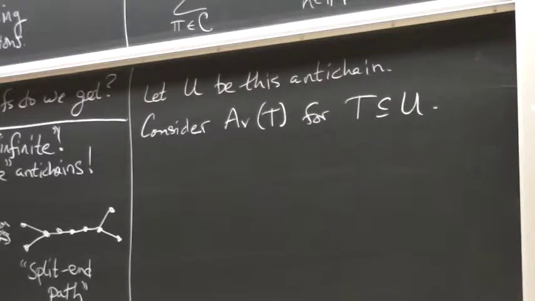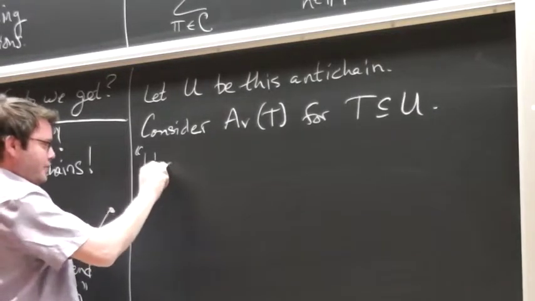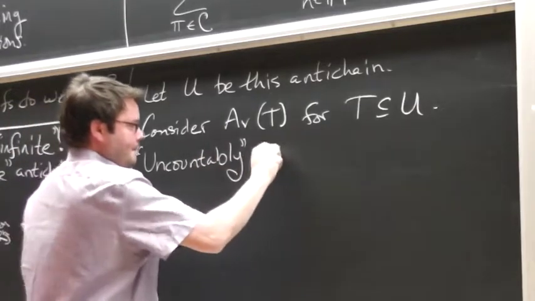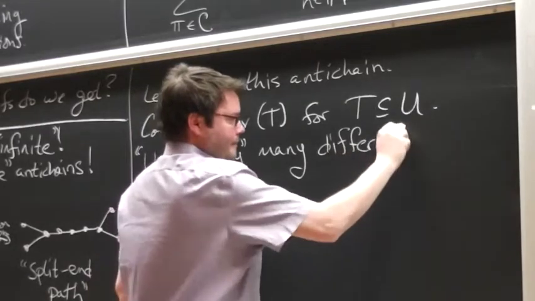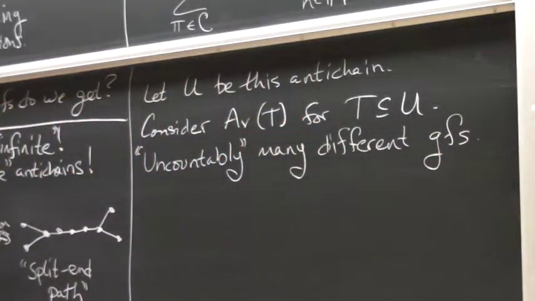Well, what's going to happen is we're going to get infinitely many different classes. And they've got to be different because they have different bases. And they also have to have different enumerations because all the basis elements are different lengths. So we get, I suppose you want quotes on this too, uncountably many different generating functions.